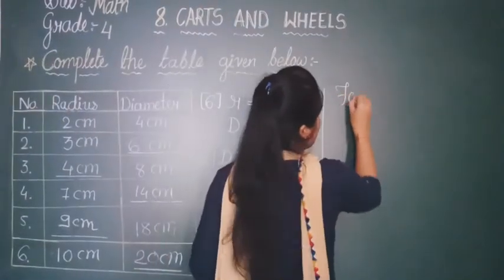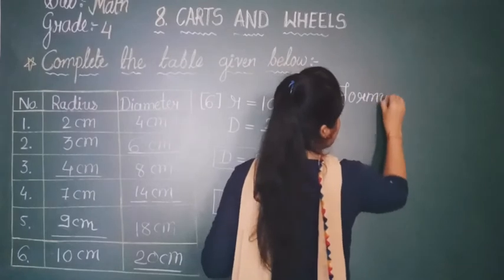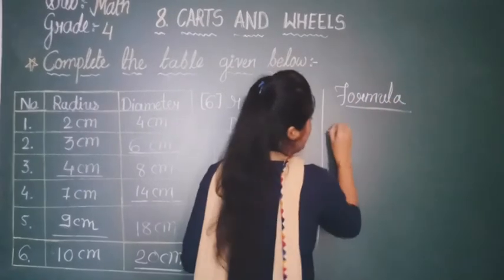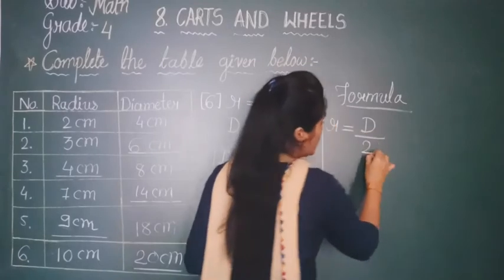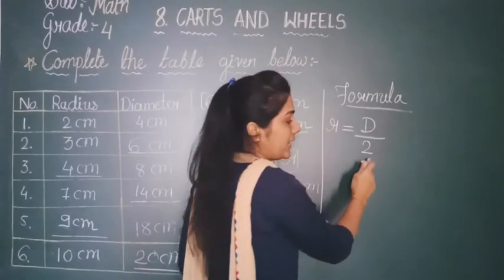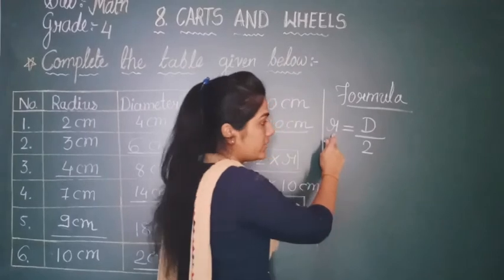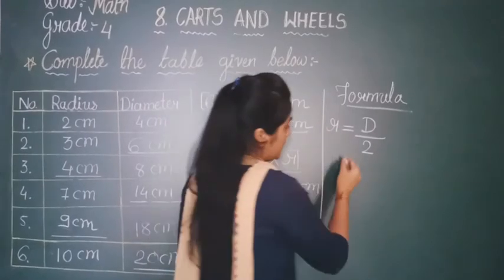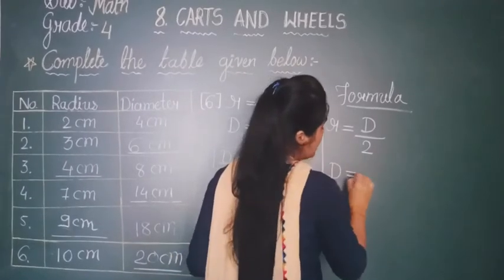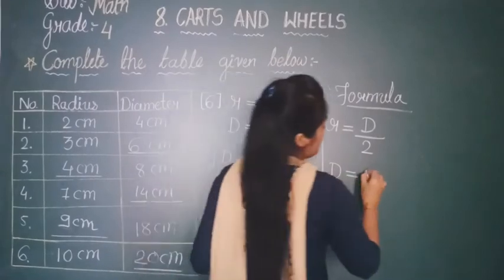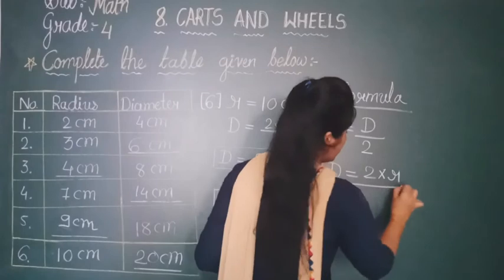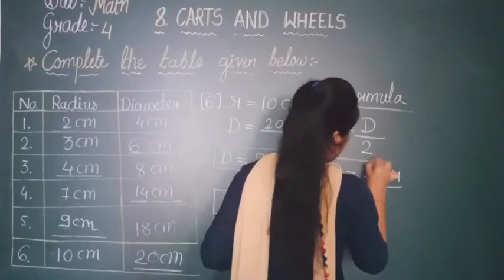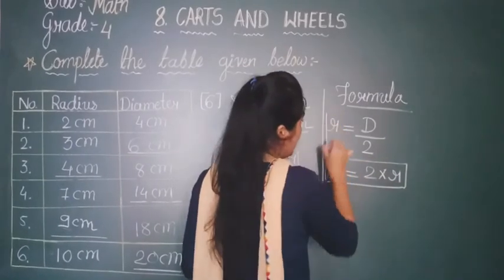Again I am showing you the formula of radius. R is equal to D divided by 2. Radius is equal to diameter divided by 2. It will help you to find the radius. And D, meaning diameter, stands for 2 multiply R. This is the formula to find the diameter.